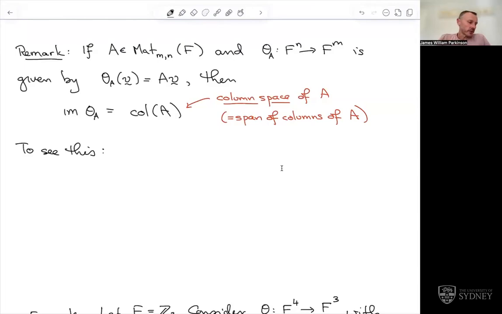Maybe a philosophy for moving forwards. We'll be doing things like Jordan normal form for matrices, but it's actually much more convenient to think of these things as being properties of linear transformations. We've already discussed this connection between linear transformations and matrices, but the best thing about working with a linear transformation instead of a matrix is that linear transformations have no particular basis attached to them.